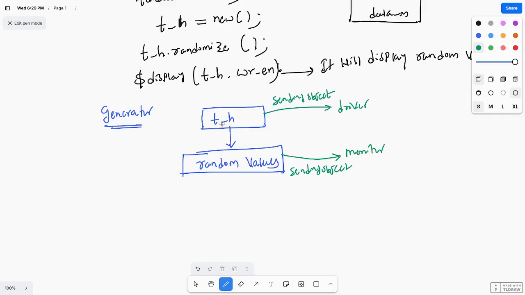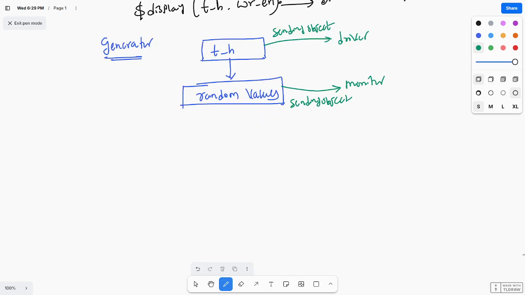So how am I sending them? You are using a concept called mailbox. You are sending these objects to the driver and monitor through a concept called mailbox.